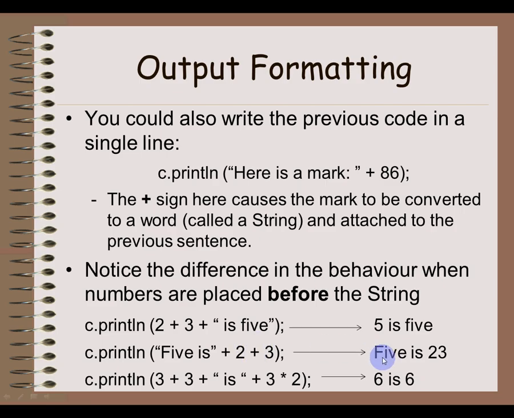So now it becomes "5 is 2, 3". If I use a multiplication symbol instead of an addition symbol, it says, well, multiplication can only be done using math, so it's going to perform the math. So this becomes now 3 plus 3, since it's before the string, it's 6, " is " 3 times 2, 6. So we get "6 is 6".